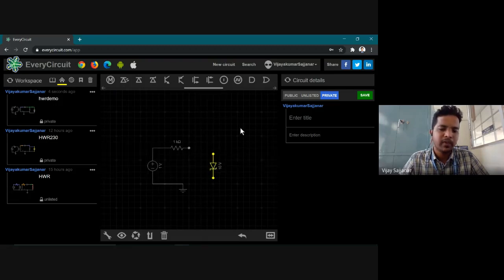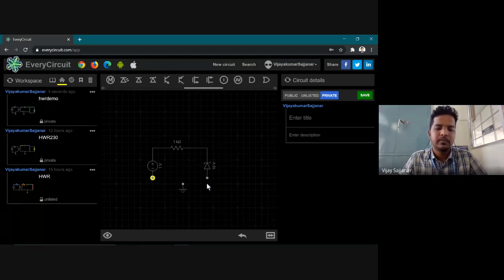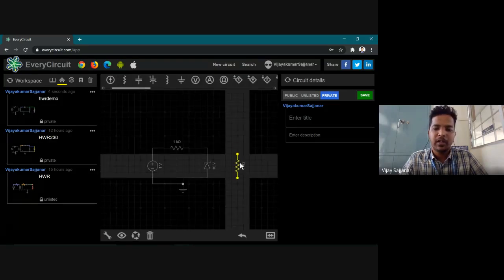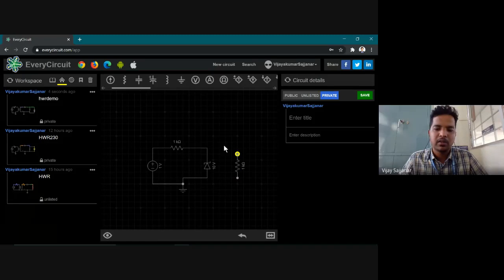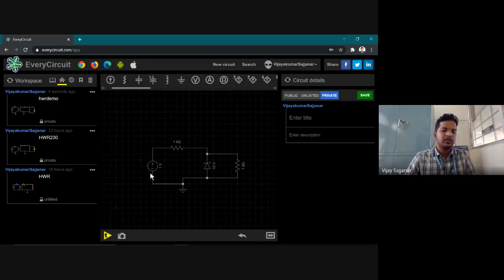A Zener diode should always be reverse biased. Its specialty is being reverse biased. For collecting the output, maybe you can use a resistance. Maybe later on for beautification's sake, we'll replace this resistor by an LED. So this is our circuit.